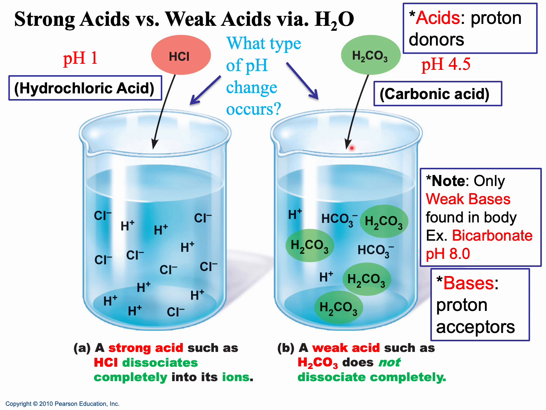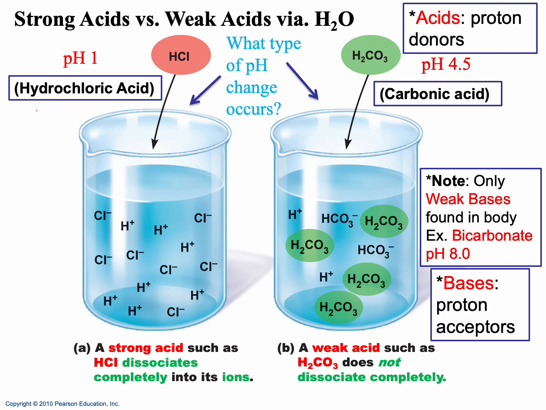In this scenario, H2CO3, carbonic acid, you're adding that to the water. However, the pH is higher here, 4.5. Weak acid here versus strong acid. And so the pH change won't be as drastic. You'll have some hydrogen ions that break off the carbonic acid, but not all. So pretty interesting here.